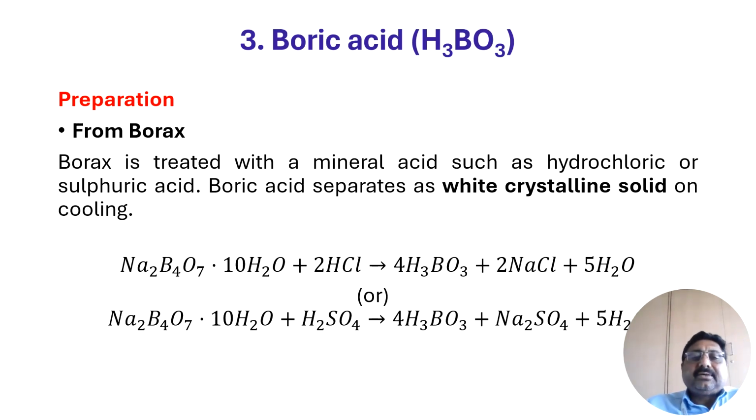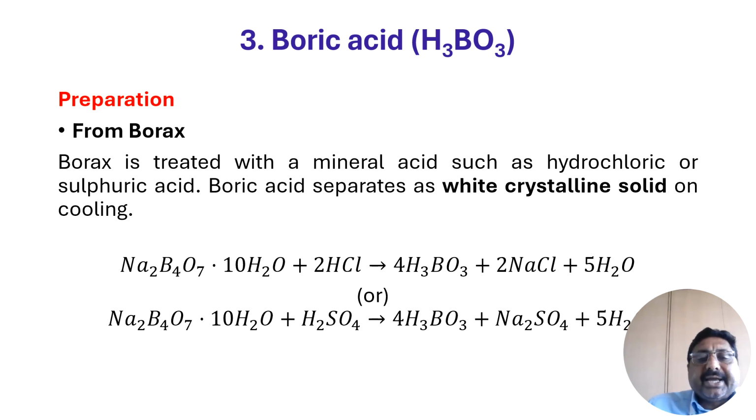Next, boric acid, H3BO3 is the formula. The preparation of boric acid, we will see in the practical. This is prepared from borax, Na2B4O7. Borax is treated with either sulfuric acid or hydrochloric acid.